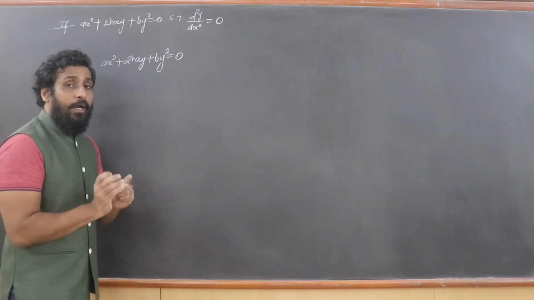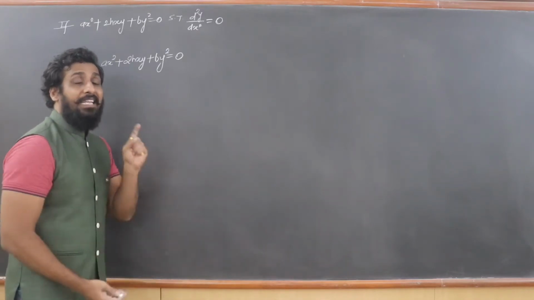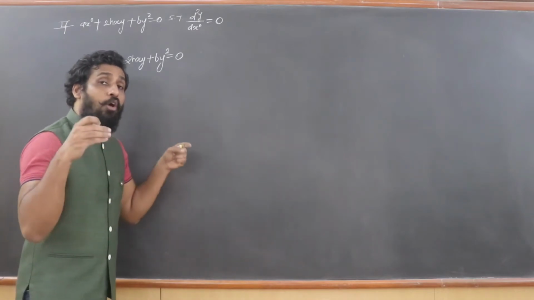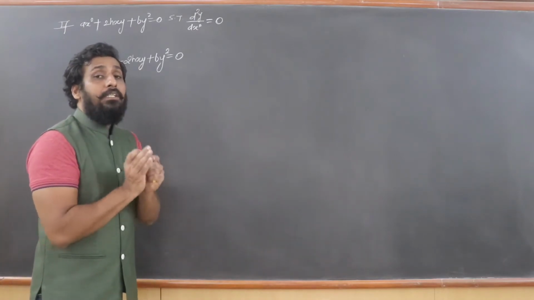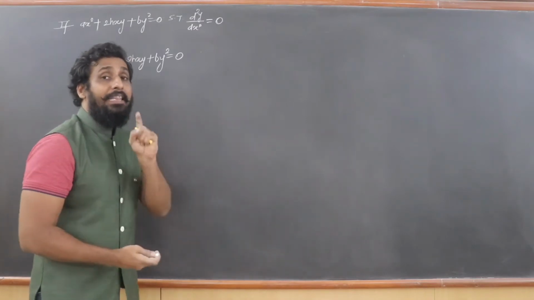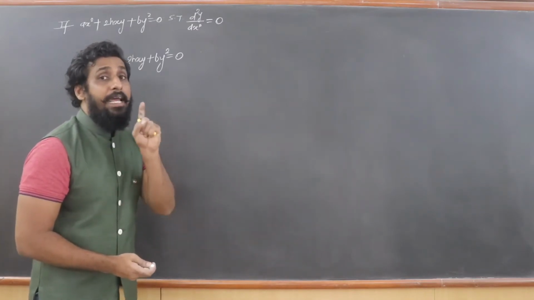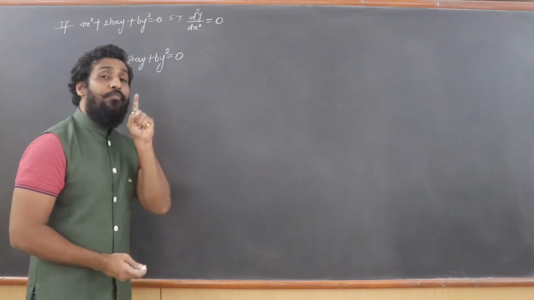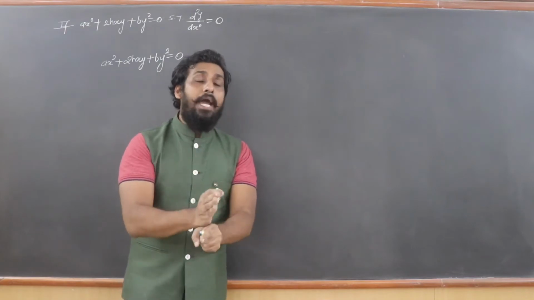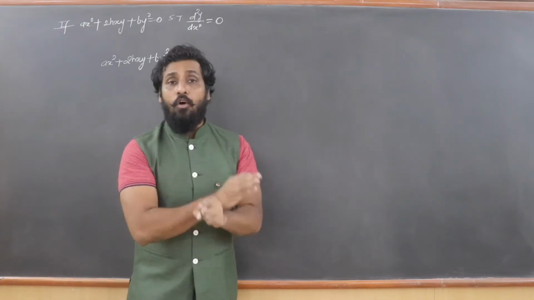Whenever I'm able to get y as a pure function of x, it is called an explicit function. And whenever x and y both come together and it is slightly difficult to represent y as a function of x, then we call the function an implicit function. When we differentiate implicit functions, we treat the terms of y exactly the same as the terms of x.